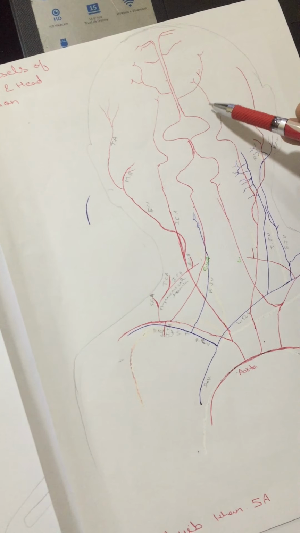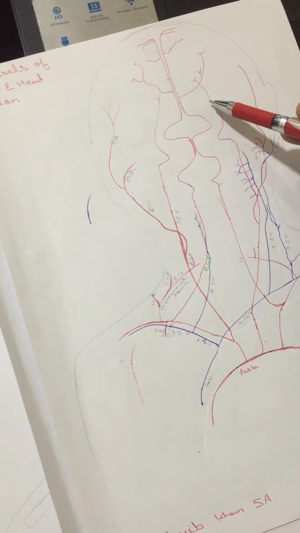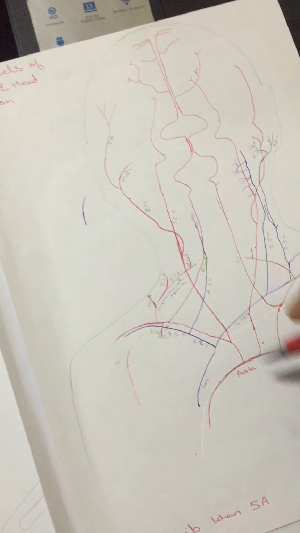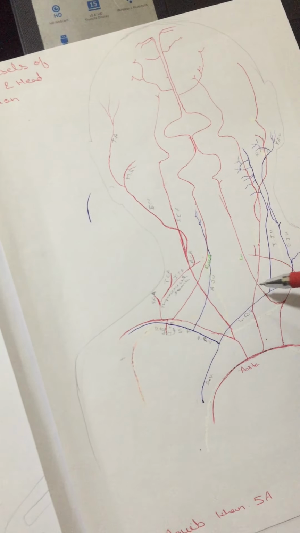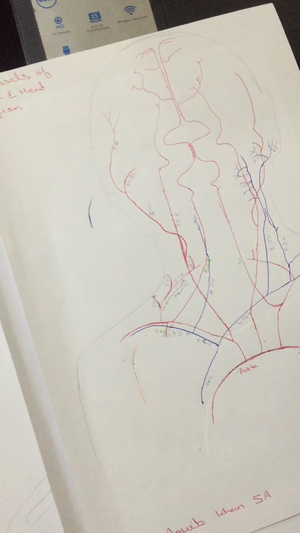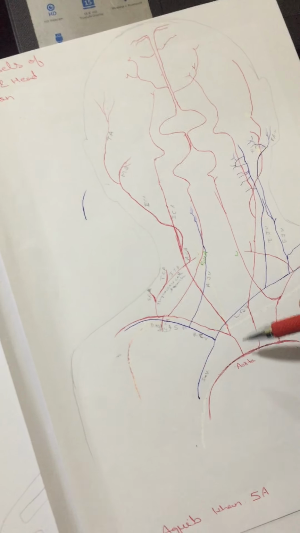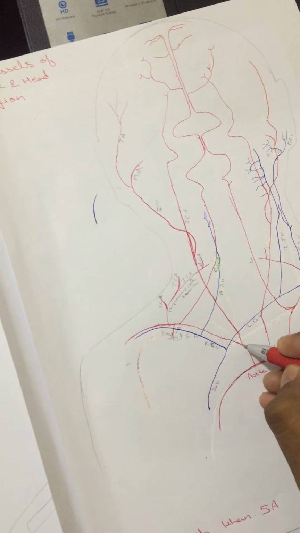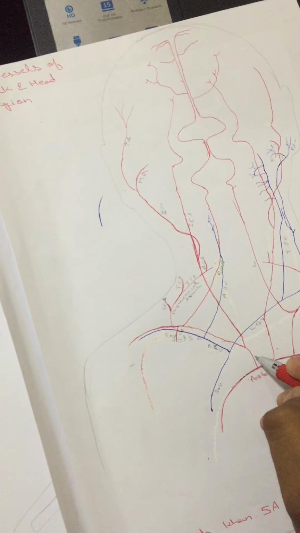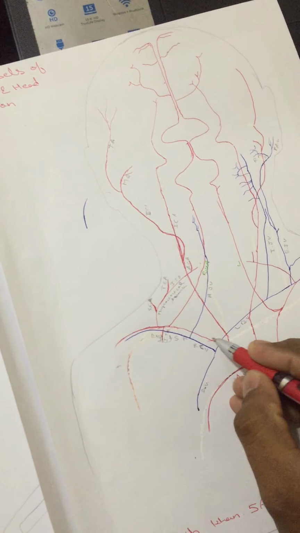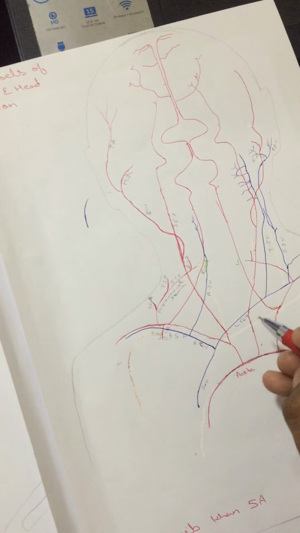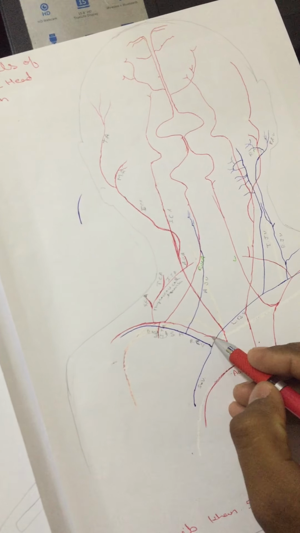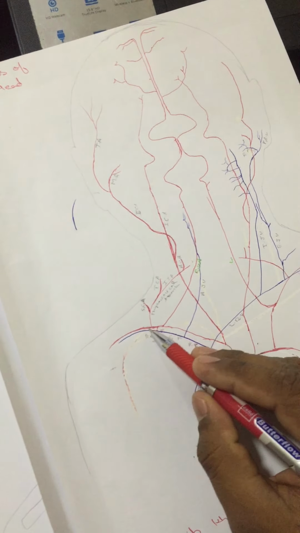It means brain and eyes and forehead. So right and left common carotid arteries are complete, and the second branch of the brachiocephalic trunk is the right subclavian artery.